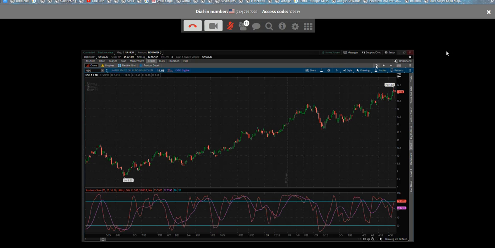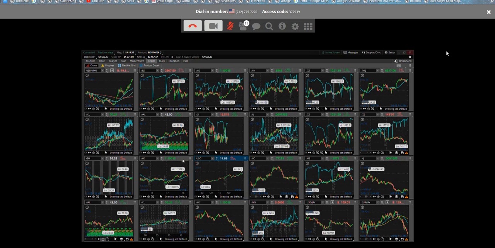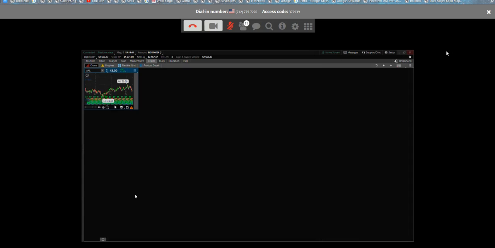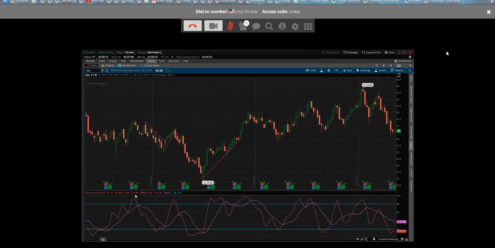So you can also do the wave formations on stocks. Wanted to show you one here. Here's American Airlines, and again, it's identifying these waves. Here's a bottom, it goes up, comes down a little bit, goes up some more.